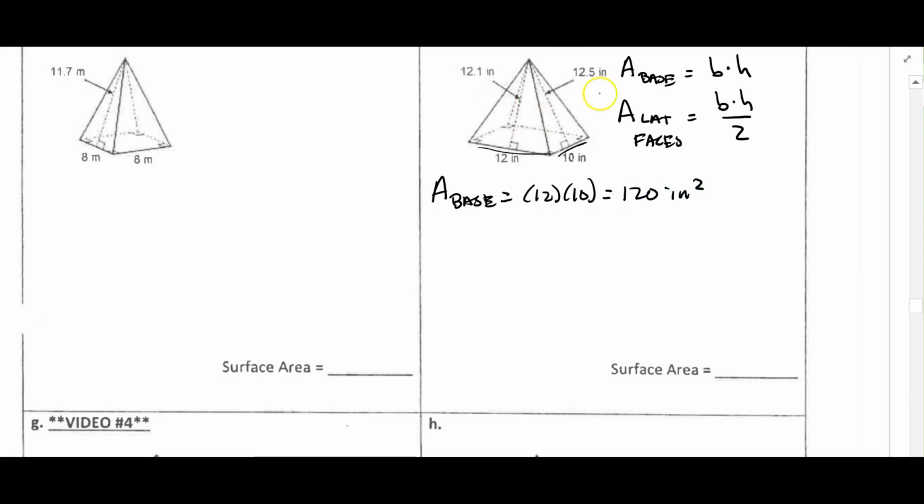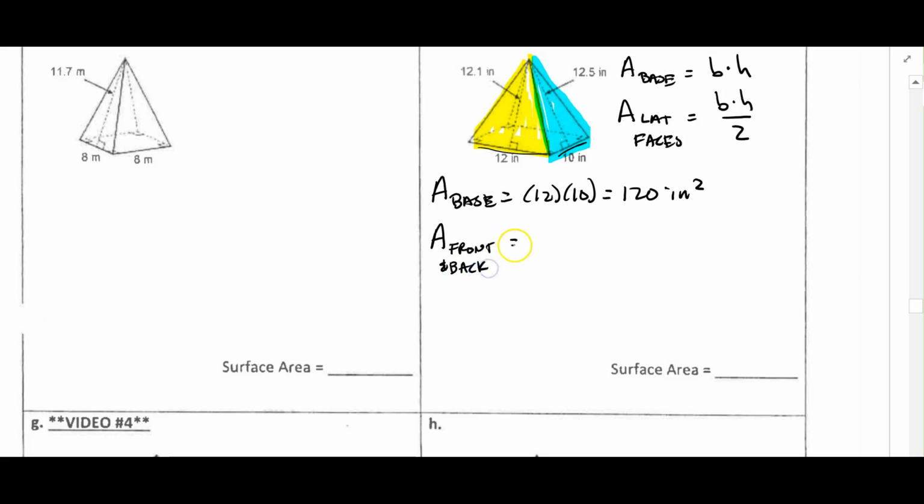Now, the triangular faces, there's 2 different shapes. I have the front here, and then I also have the back, which is going to be the same, and then I have a left and a right. So this is the right side. So I have 2 different sized triangles. So I'm going to find the area of the front and the back first.